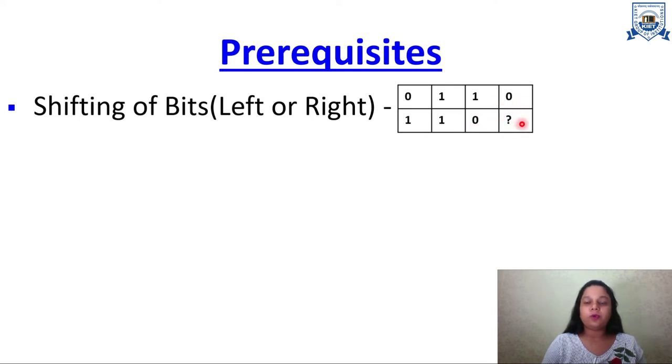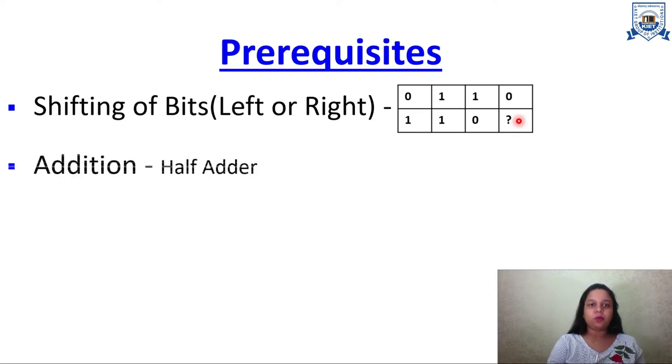Now here we need to decide what will be placed there, either 0 or 1. Now what about this 0? Whenever we are shifting left, if it is a 4-bit register, this 0 will be lost. The 0 transferred here will be lost and the value will be 110, and here we need to decide what the value will be, either 0 or 1.